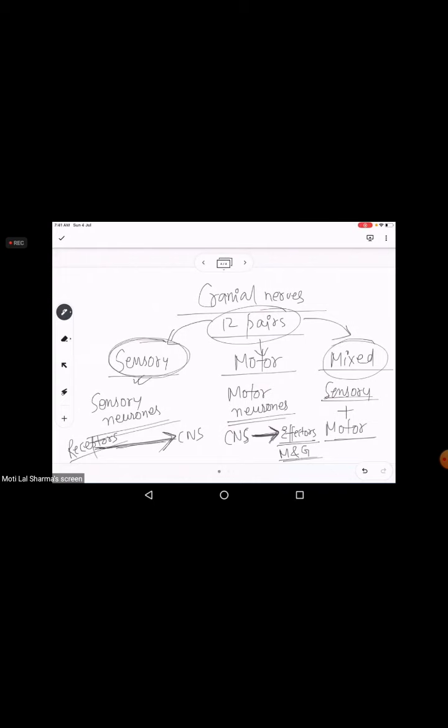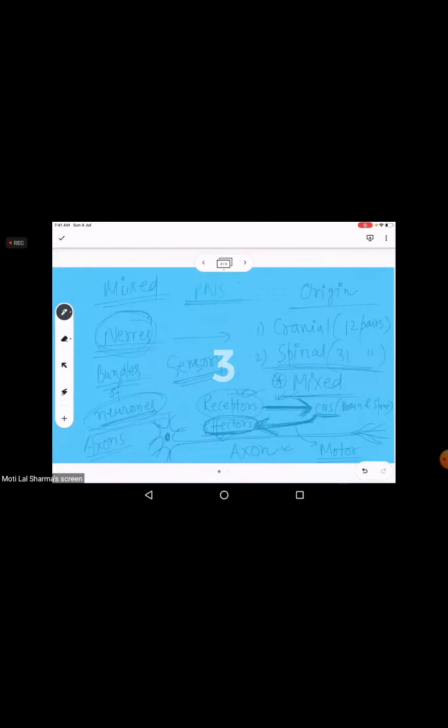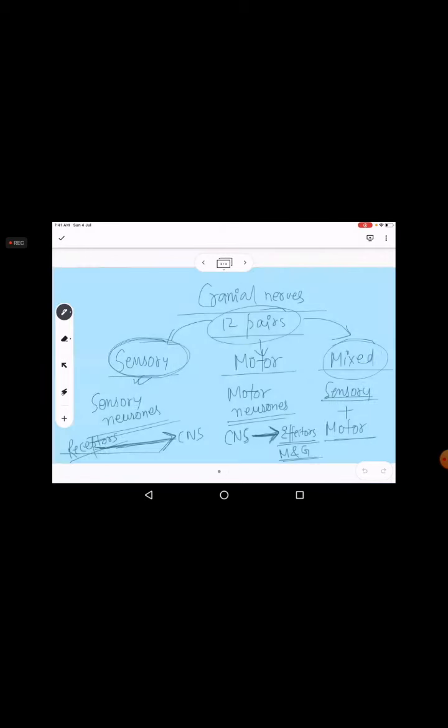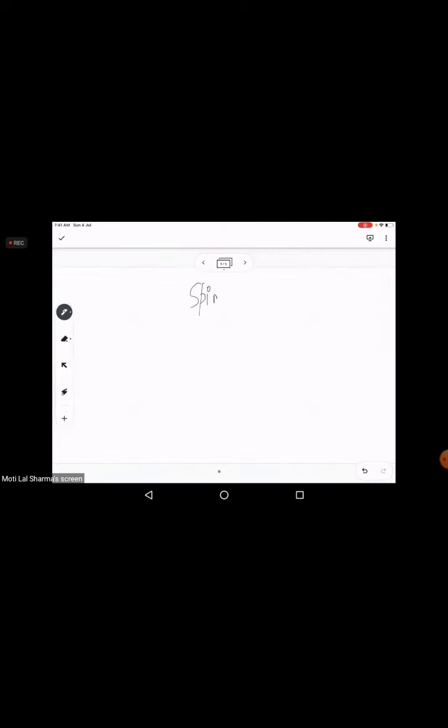Regarding spinal knobs, let me speak a little more. Whatever your spinal knobs are, one formula is there. This could be important. Spinal knobs, we know they are 31 pairs, and these 31 pairs are classified into some categories.